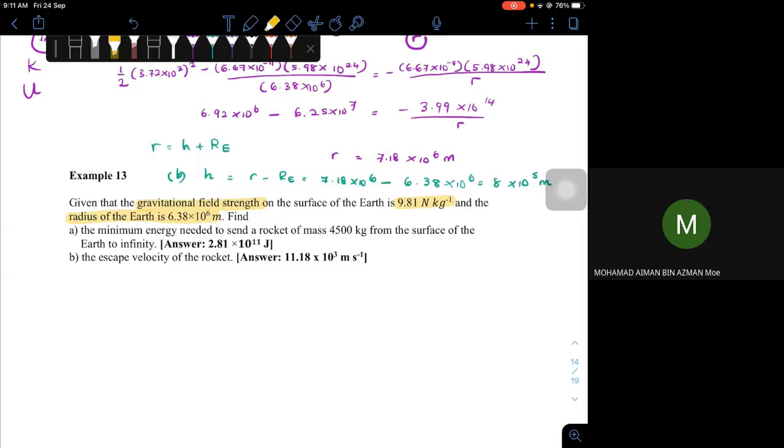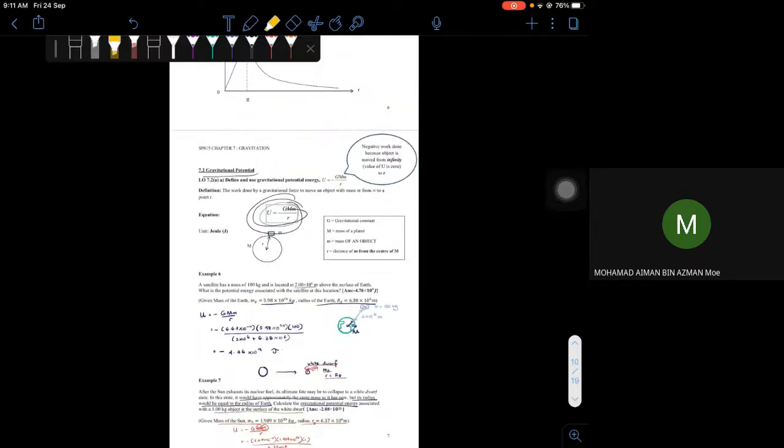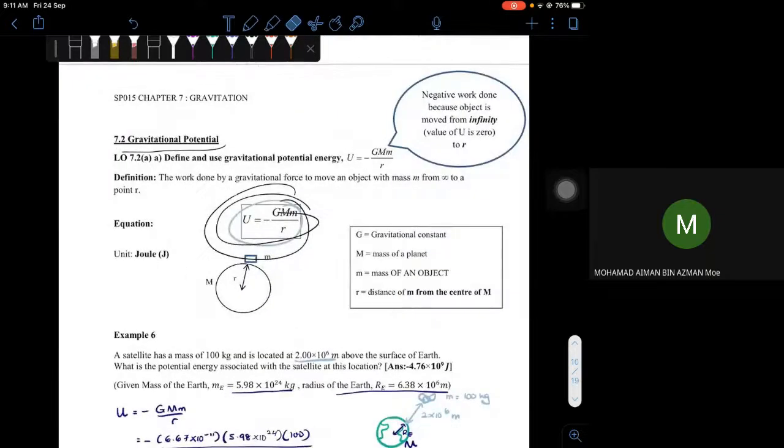infinity. Okay, right. Sebelum ni Miss ada explain kat video pasal gravitational potential energy. Miss explain kat kamu derivation dia, tapi Miss tak emphasize sangat pasal definition dia, sebab Miss rasa definition dia agak confusing.